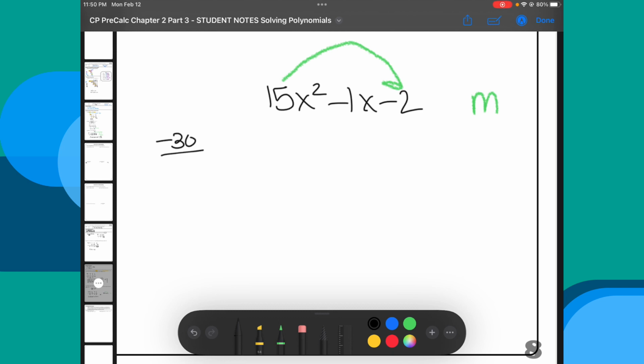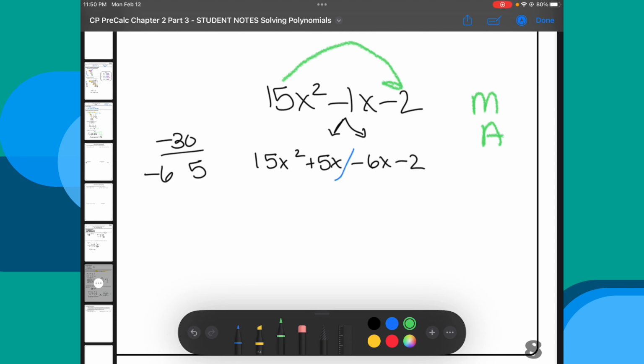The numbers that are going to multiply to negative 30 and at the same time add to negative 1 would be negative 6 and positive 5. So we set up factor by grouping.